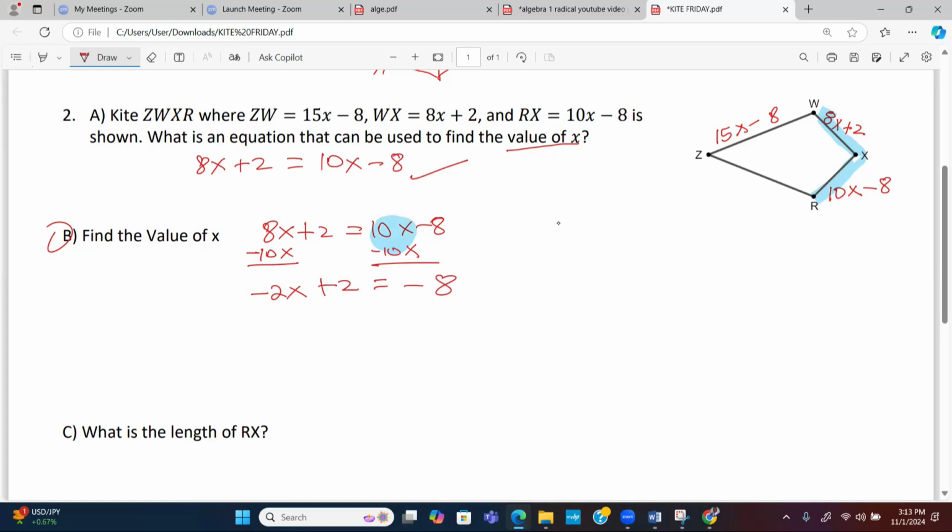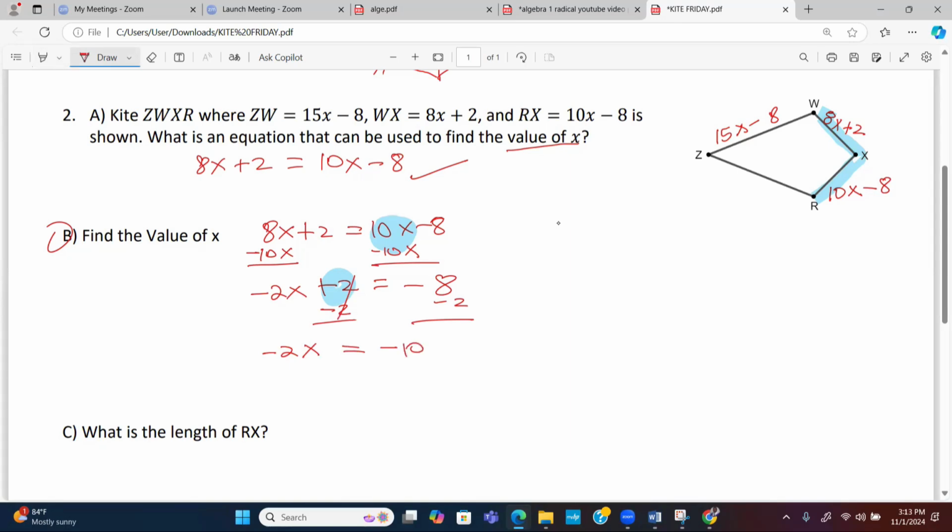Here, I'm trying my best to isolate my x term. So I'm going to subtract 2 from the left side, which means I have to subtract 2 from the right side. Let's balance. We would have negative 2x. This becomes 0, and it's equal to negative 10.